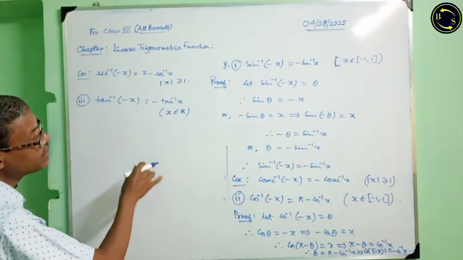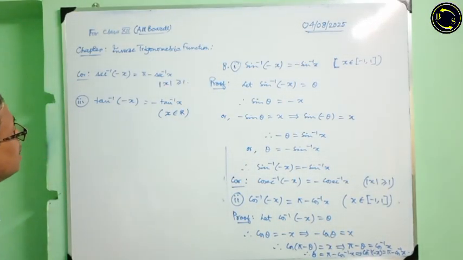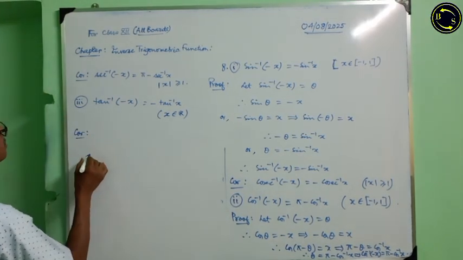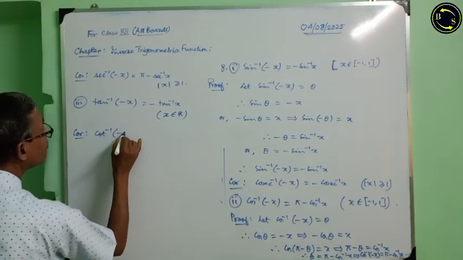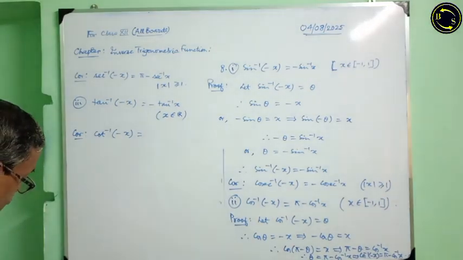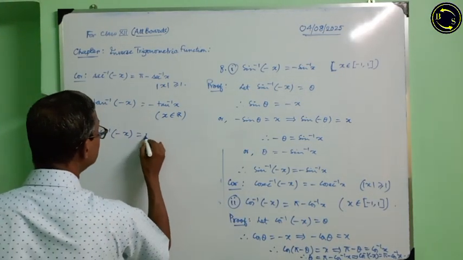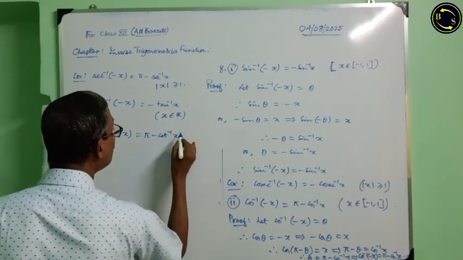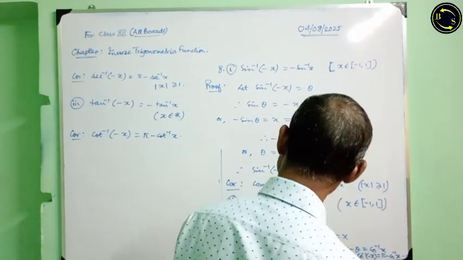You can prove this similarly. Therefore, I am not showing the proof here. The corollary can be taken as cot inverse of minus x equal to pi minus cot inverse x. And x is any real number.